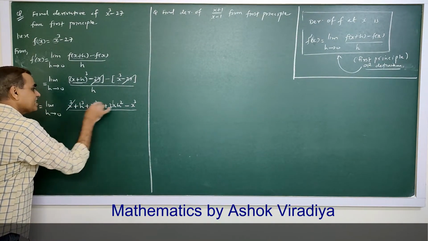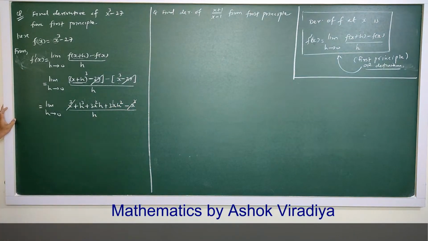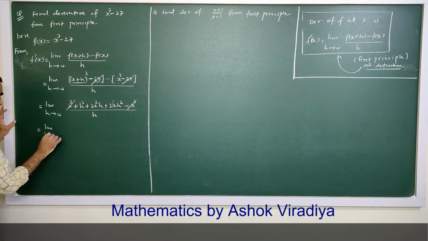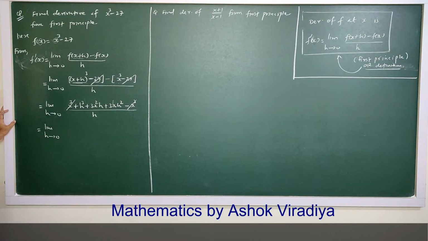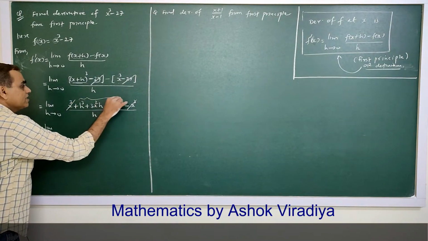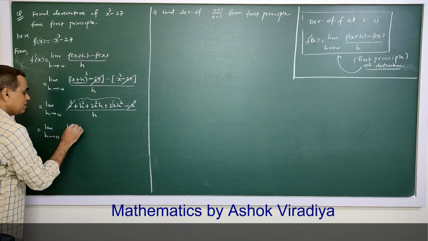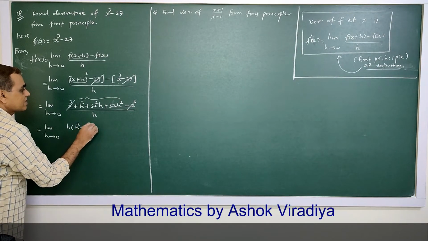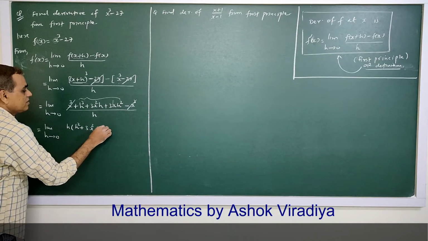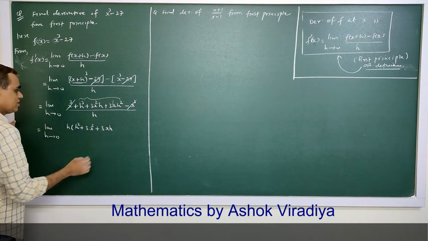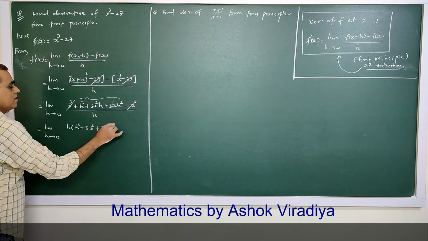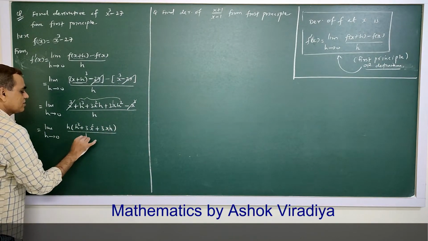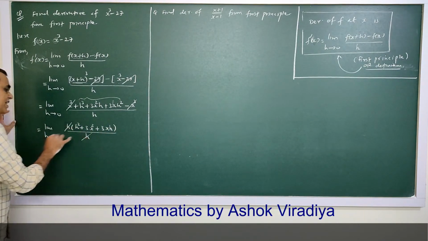And now see, this x cube is also cancelled. So this is equal to limit h tends to 0. Now here in these numbers h is common, so h square plus 3x square plus 3xh upon h. Again this h is cancelled.